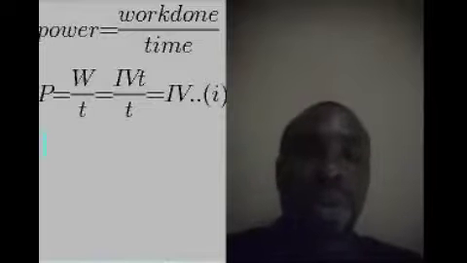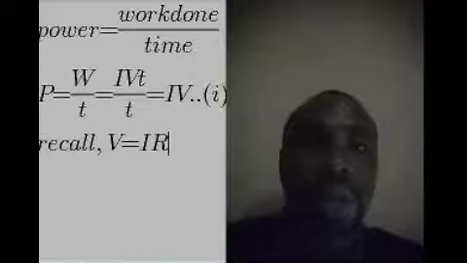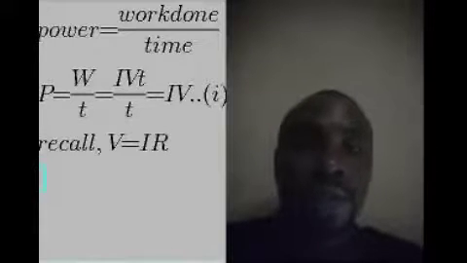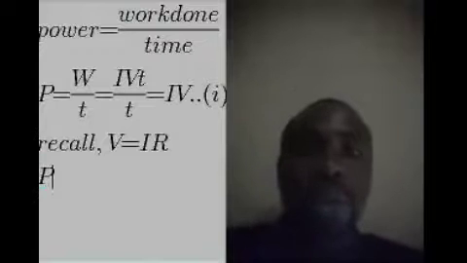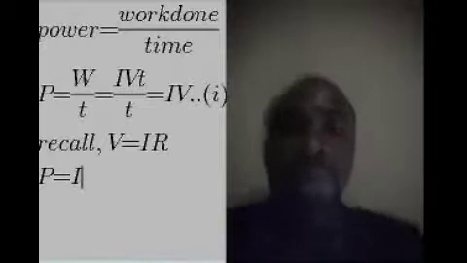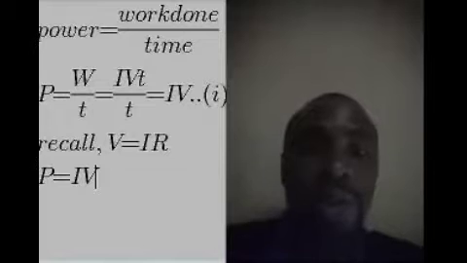Next, let's remember that V is equal to IR, and we can now replace V in that equation which we just discovered, which is equation 1. Let me put it again so that we can be on the same page. So this is our equation 1, P is equal to IV. If we replace V with IR, what do we now have?